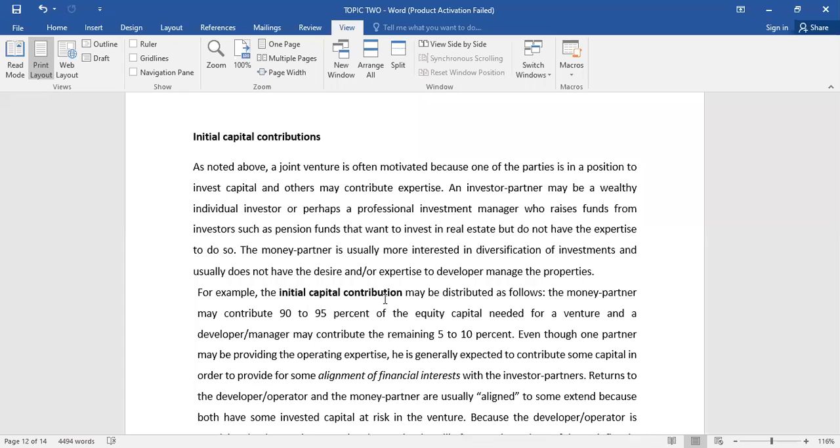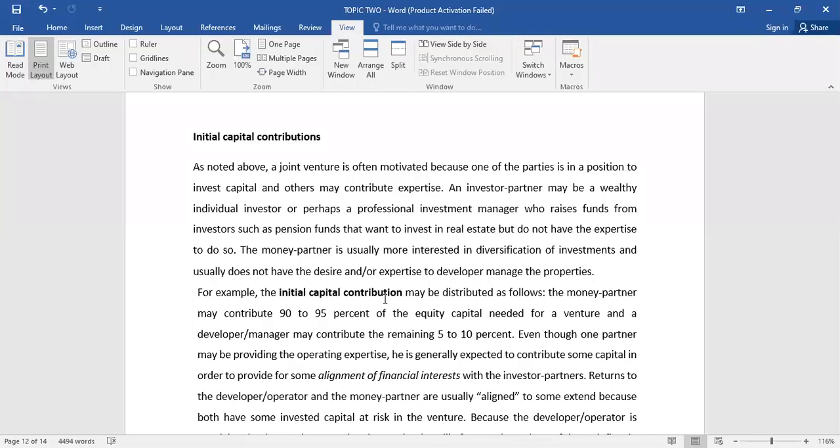Now, for example, the initial capital contribution may be distributed, let's say the money partner contributes 90 to 95% of the equity, and then we have the professional giving 5 to 10%. Even though one partner may be providing the operating expertise, they are generally expected to contribute some capital. This is what we call encumbrance in real estate.